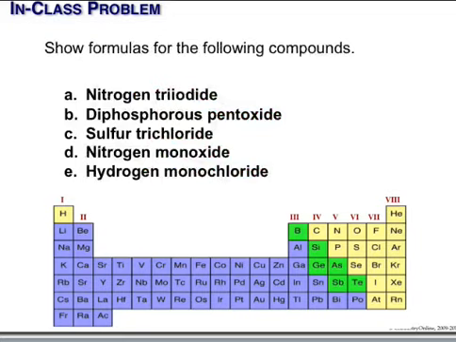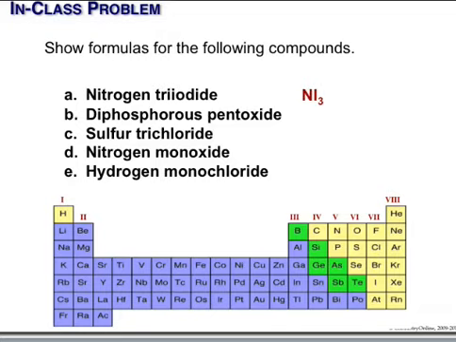Quickly, just write the formulas. This is trivial. This is so simple, because all the information is right in front of you, and you can do this as fast as you can write. We have 1 nitrogen, we have 3 iodines.